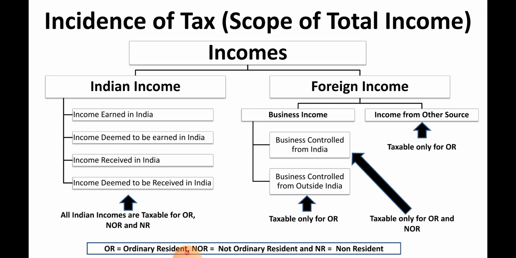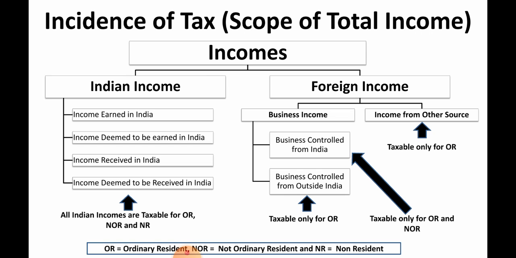First, income earned in India. It means any income whose source of generation is within India will be known as Indian income. Like simply you can take the example, income from house property. If the house property is located within India, simply the source of income is in India.